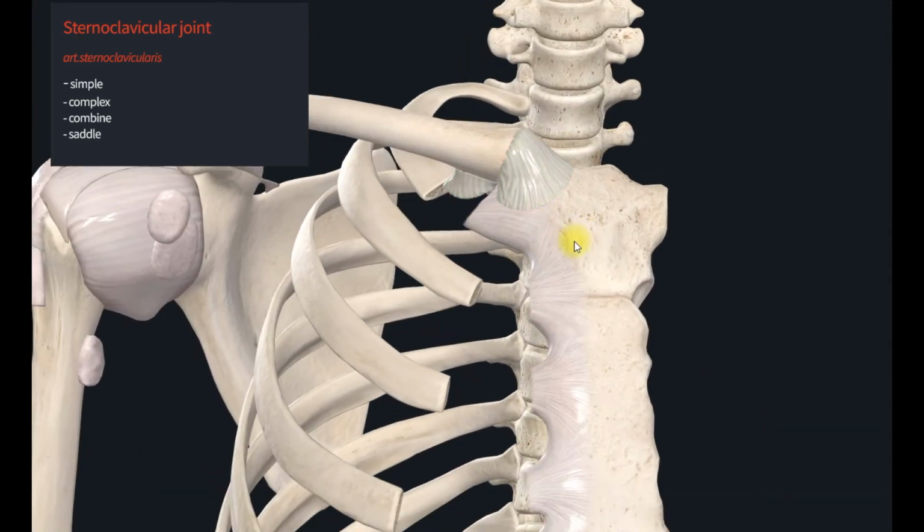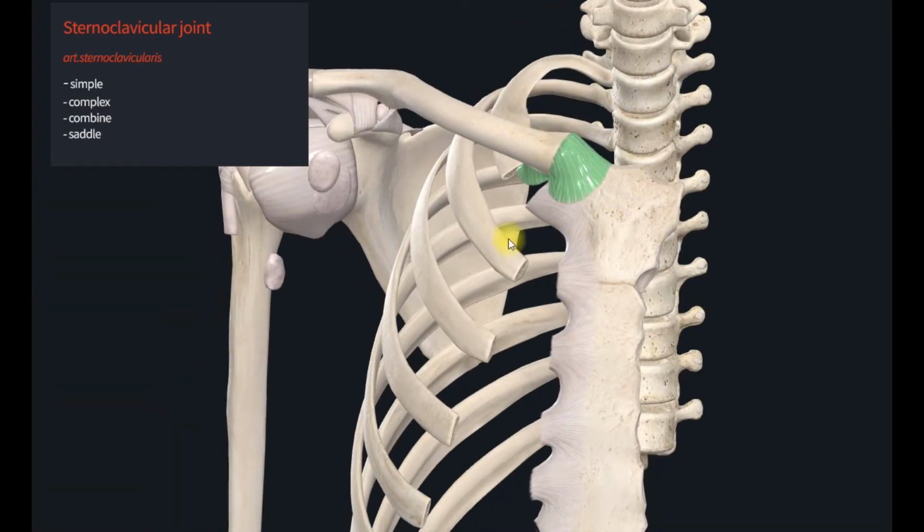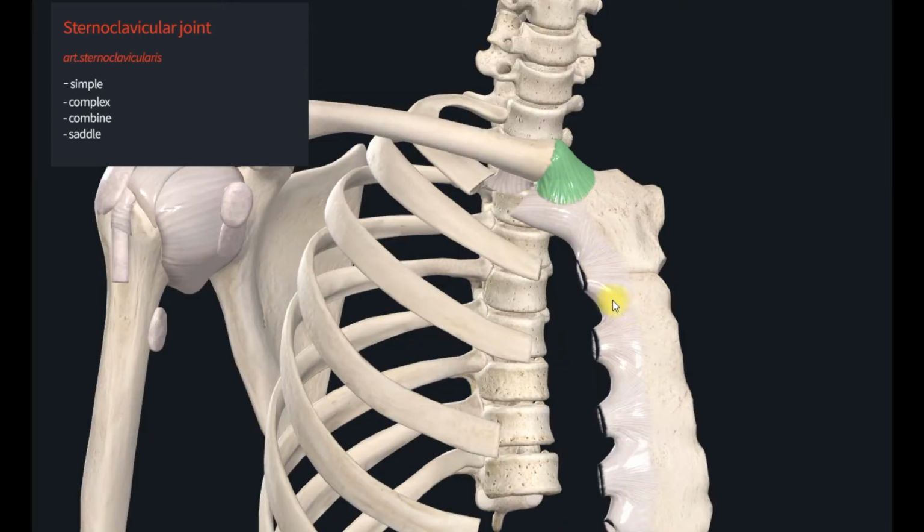Sternoclavicular joint. It is a synovial saddle joint, the only articulation between the axial skeleton and appendicular skeleton in this region, located between the clavicle and sternum. This joint also has a very strong capsule that attaches to the anterior superior aspect of the sternum and clavicle, and also fuses with the ligaments in one single band.